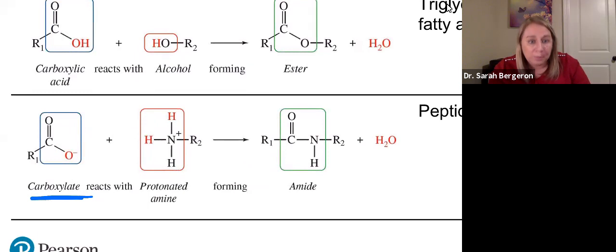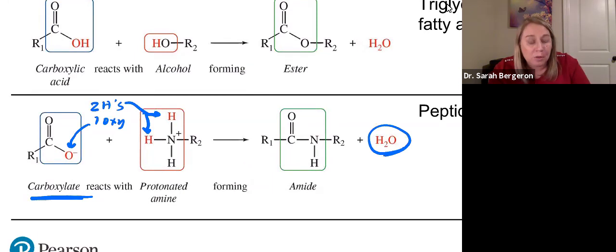Now you're going to react that with a protonated amine group. So what do we need to form water? We need H2O. We need two hydrogens and we need one oxygen. So here's our one oxygen, and here are our two hydrogens. Those are the three things that are going to come off and form water.